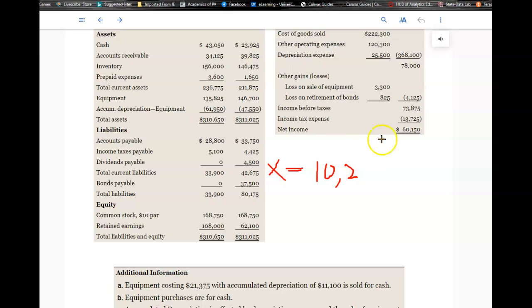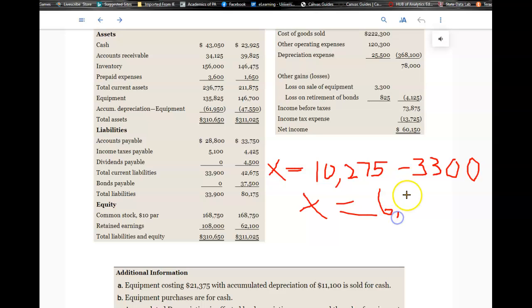$10,275 minus $3,300. I'm doing this with my mouse, and so you end up with X equaling $6,975.